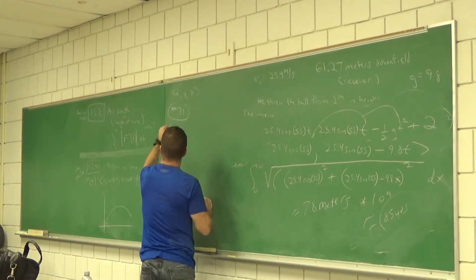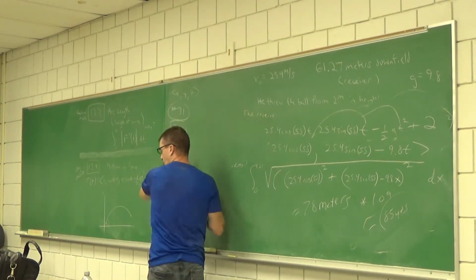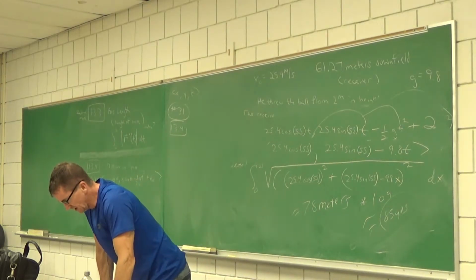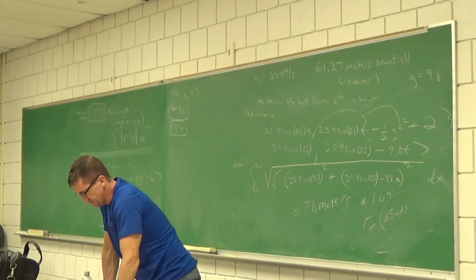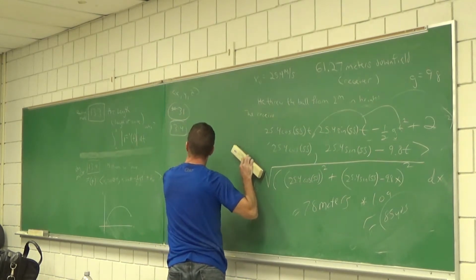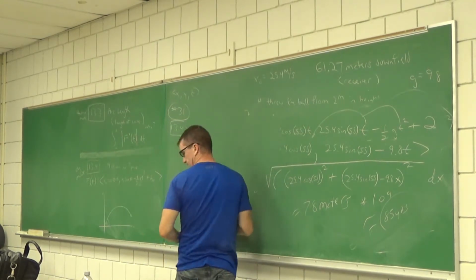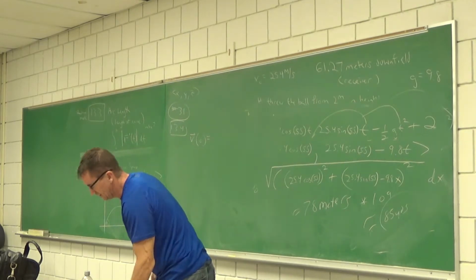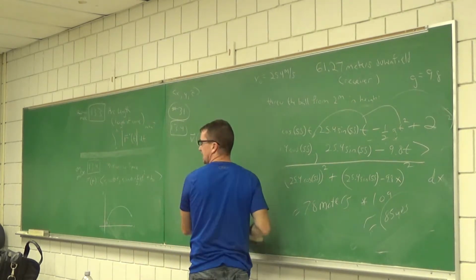They gave us the initial velocity as a vector: 50i plus 80k.